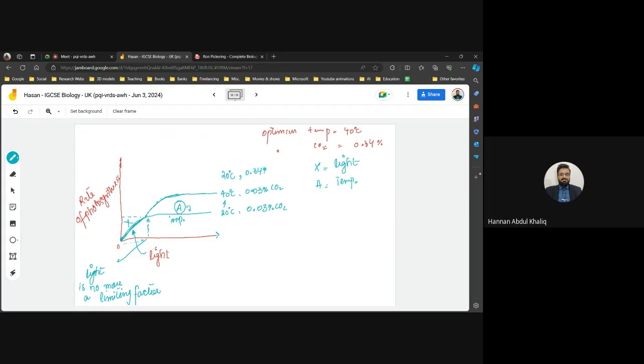This is very weird, but it is a reality that the rate of photosynthesis would directly rise more than when we increase the temperature and keep the amount of carbon dioxide constant. So basically it means that the carbon dioxide could also be the limiting factor here. So we can say whatever we change would become the limiting factor.